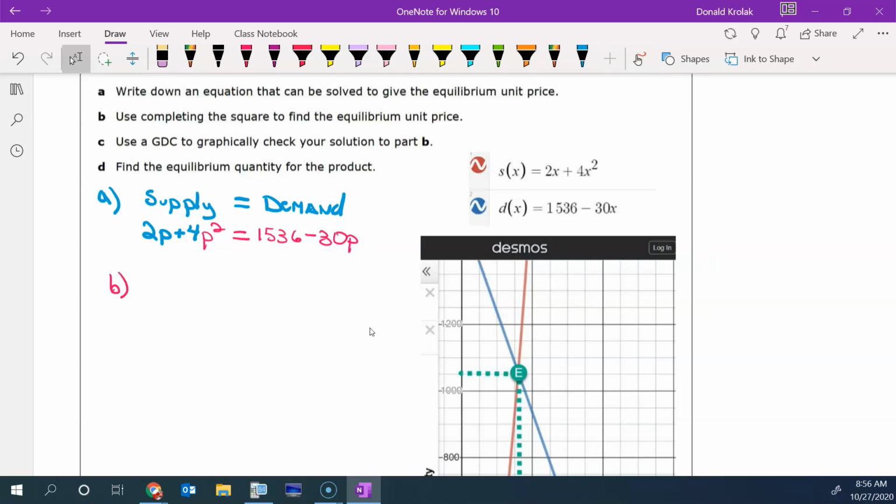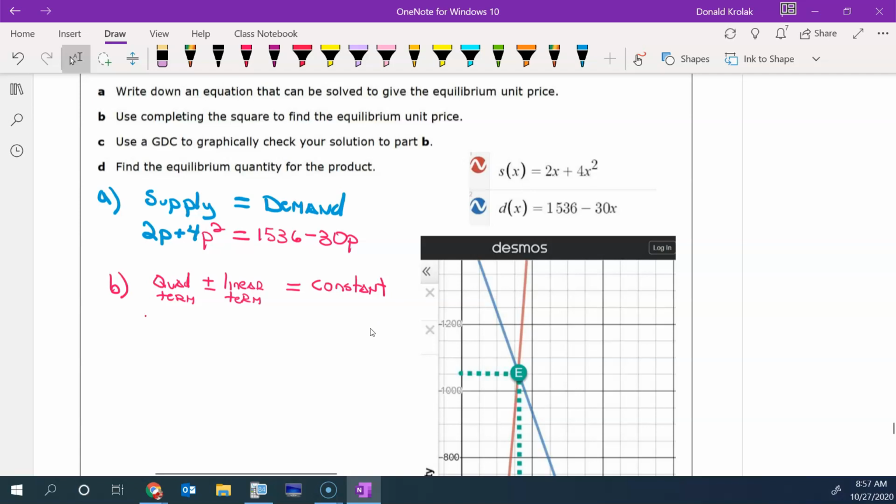That's our equation. All right, now to complete the square, what we want is our quadratic term and then plus or minus our linear term. And then on the other side, we want the constants. So what I have to do is just rearrange this so that I've got those terms on the correct side.